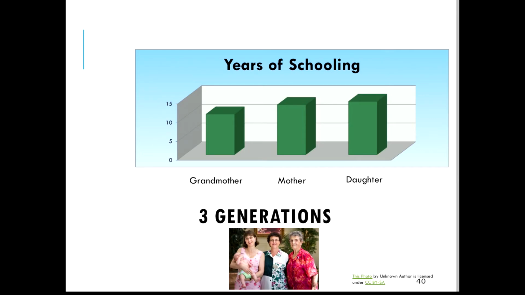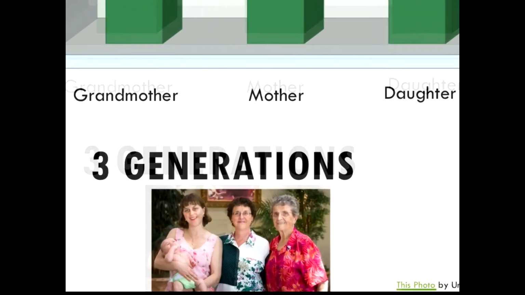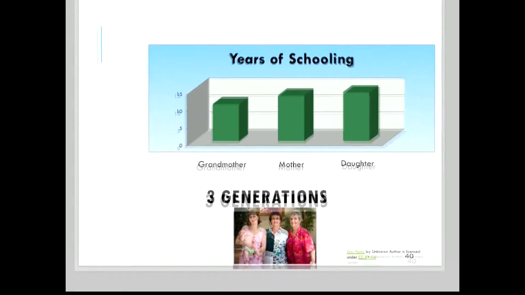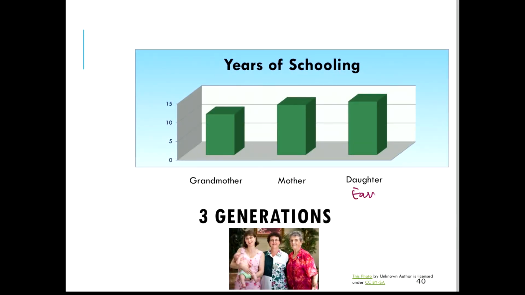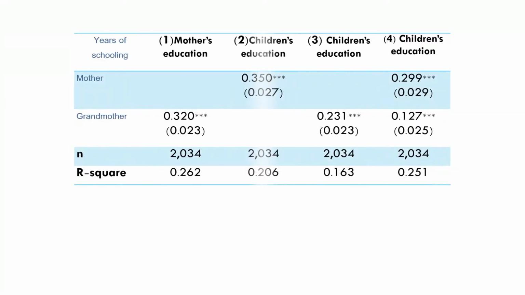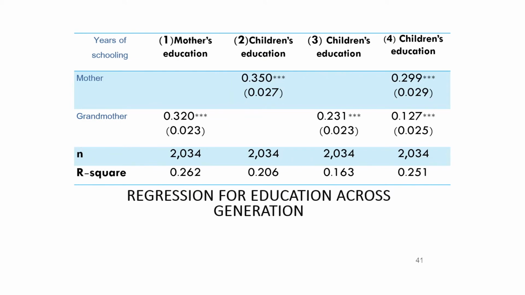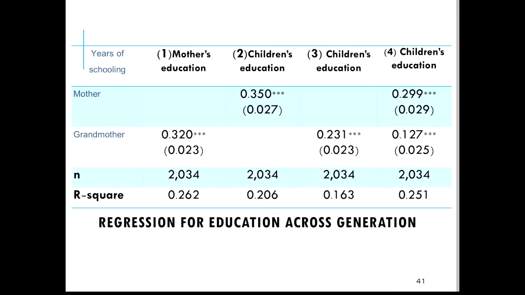With three generations, you will predict that the earnings of the daughter could be greater than the mother's, and the mother's greater than the grandma's, right? This research tries to explain what factor between generations influences their children. We focus on the daughter.